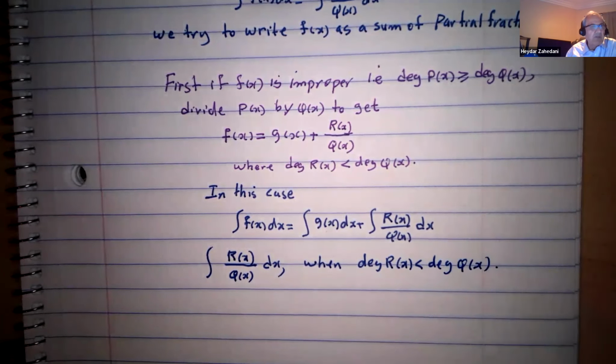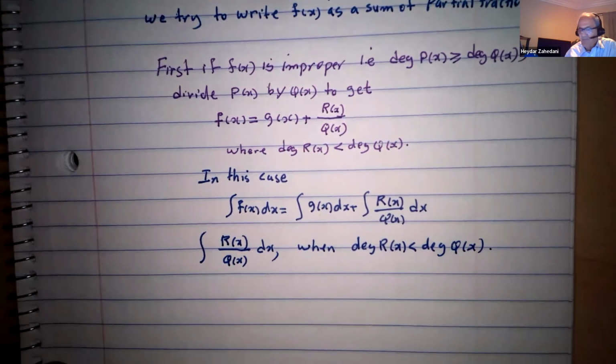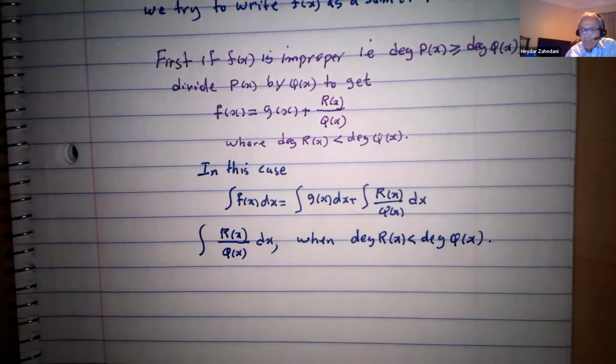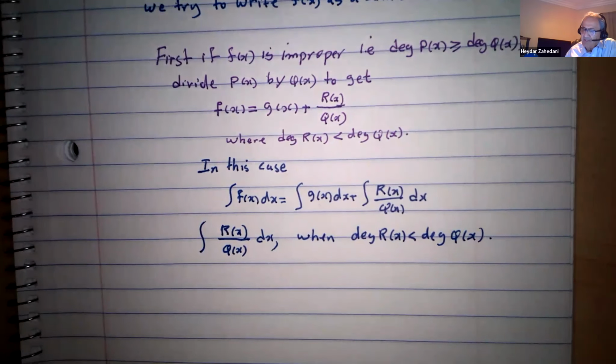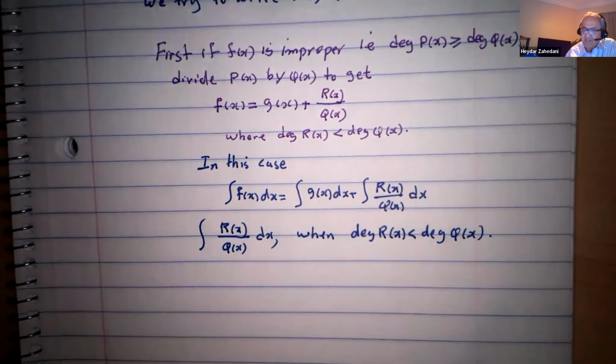In most problems this is going to be the case, but if it's not, you just divide to arrive at this one. So what we are going to do is factor q of x.